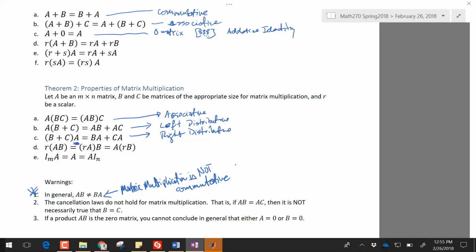Associating your scalar with a product is the same as associating your scalar with one of the matrices separately and then doing the multiplication. It doesn't matter which one you do, as long as you're keeping matrix A on the left side and matrix B on the right side because of the non-commutativity of matrix multiplication.